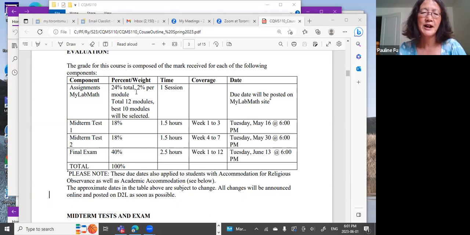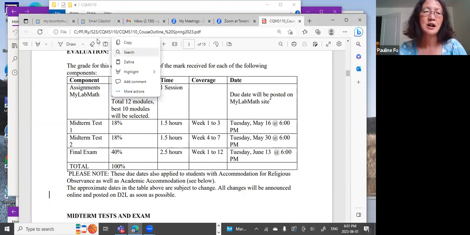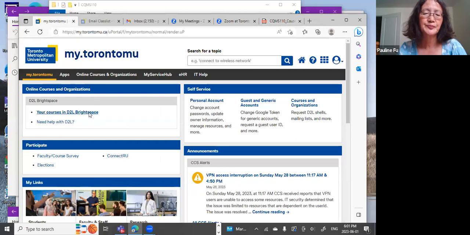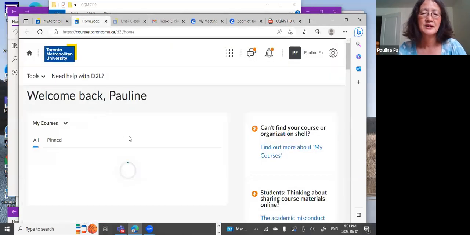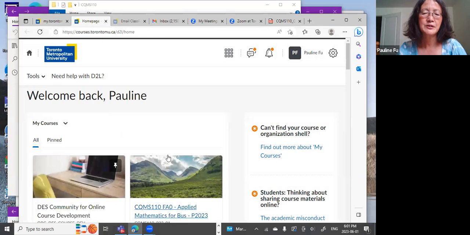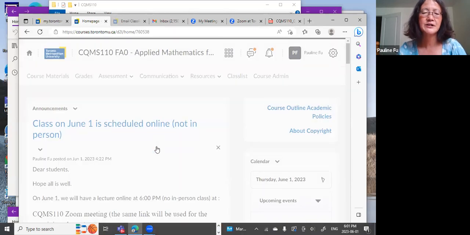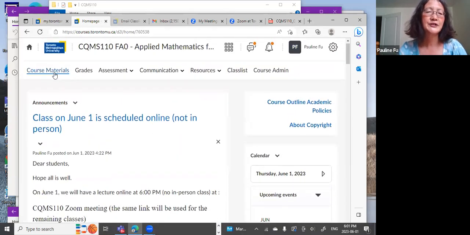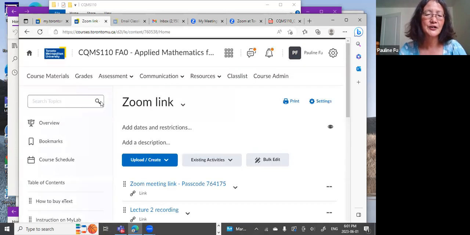And do not forget, we also have 24% MyLab. The due dates are on MyLab. You can also check out the due dates on Brightspace under course material.